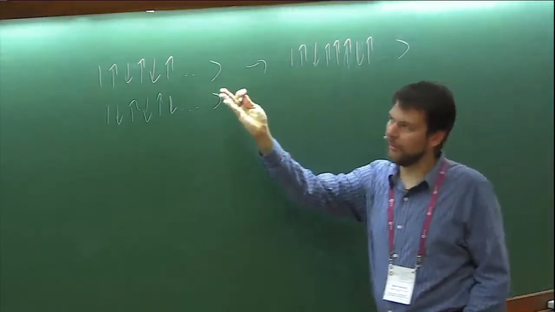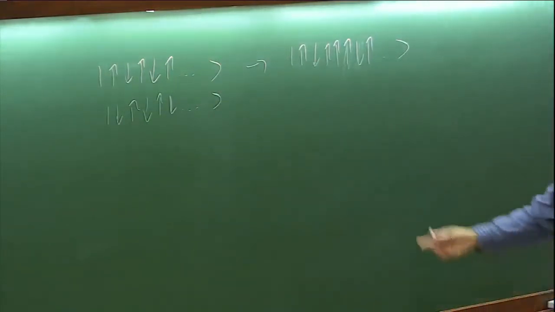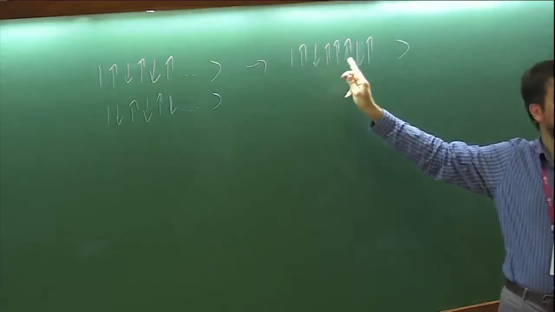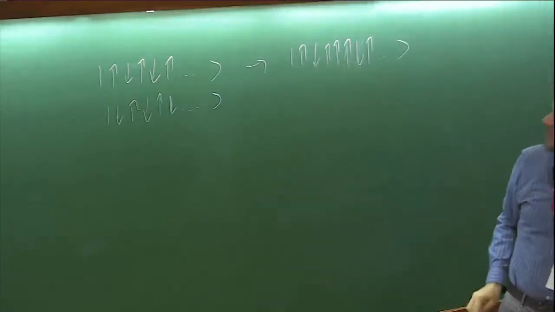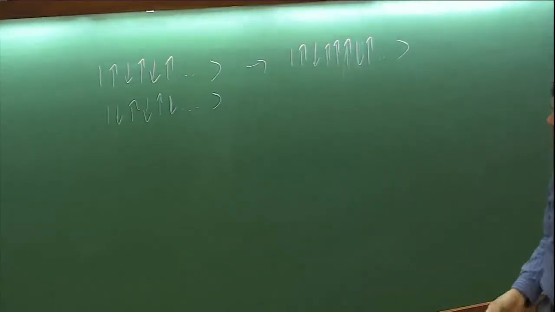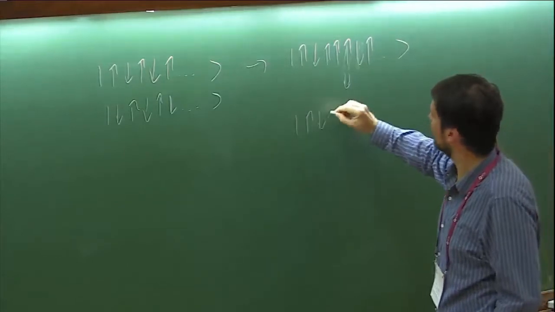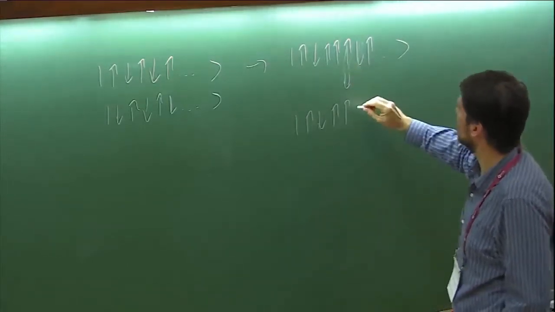So the reference Hamiltonian for this state is the Ising chain. You see that here you created two defects, so you're paying two prices for the fact that you have an alignment, which means that there is no difference in energy between this state and a state in which you flip this pair.